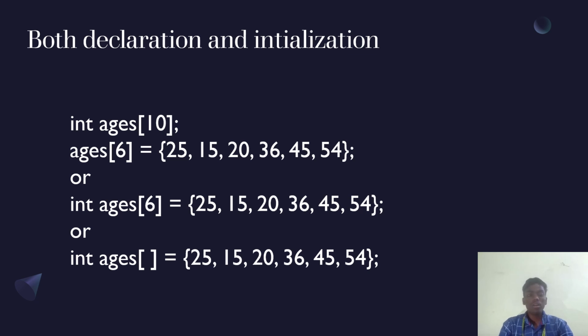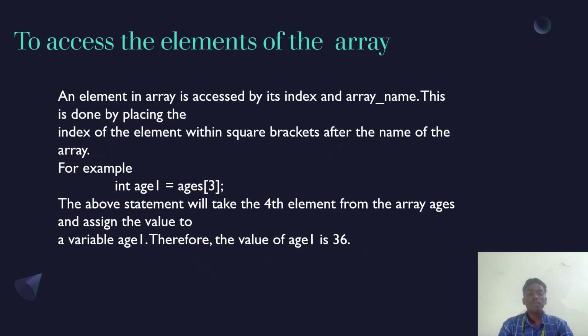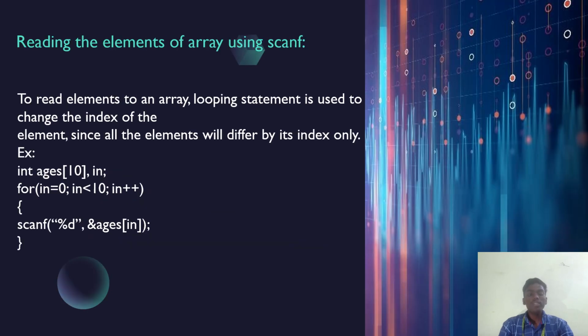And how to access those elements? To access those elements, we need the array name and finally passing the index, like which element you want. For example, if you want the third element, then you can give a 3 there. Next, how to read elements of an array? To read the elements of an array, we need one for loop and a scanf.